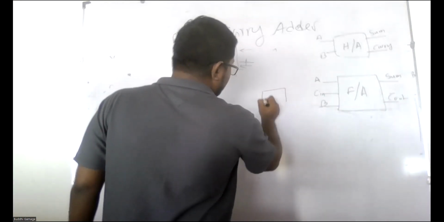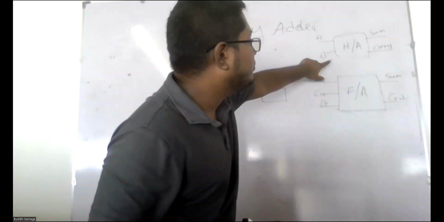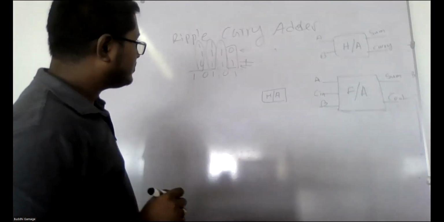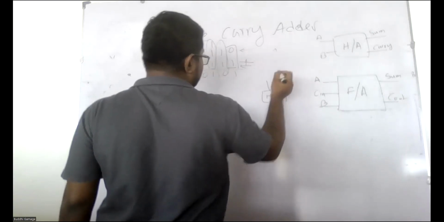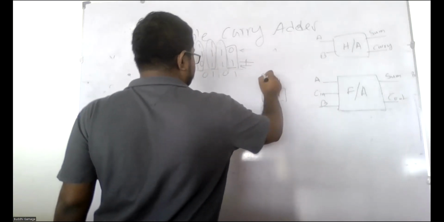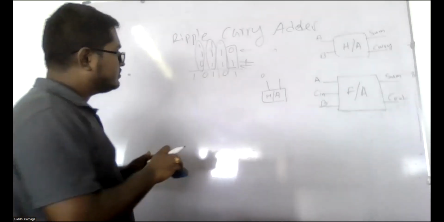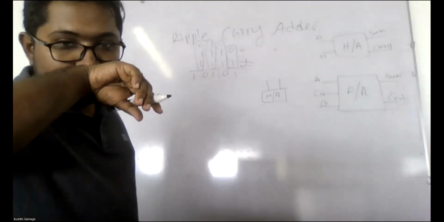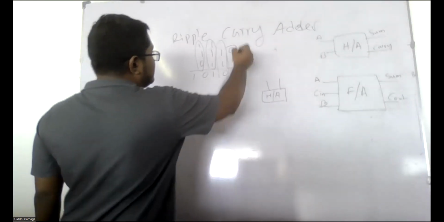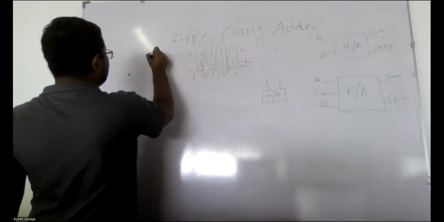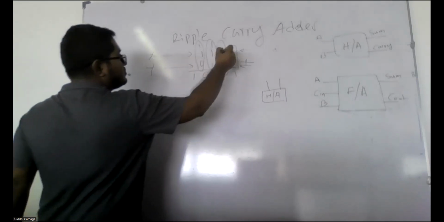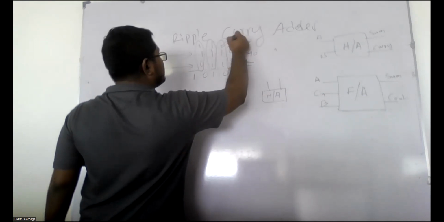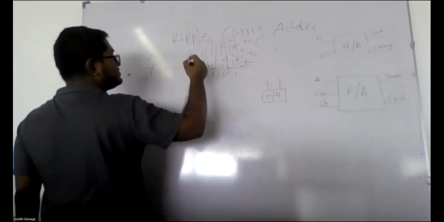In the now I'm drawing this block diagram, right? Adder. So there are only 2 inputs, right? So consider this is X and this is Y. So here this one is X0 and this Y0, X1, Y1 likewise.